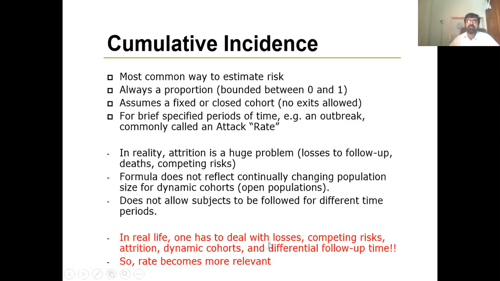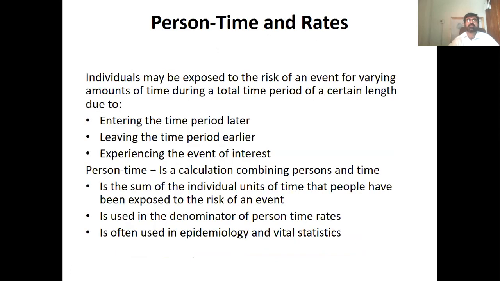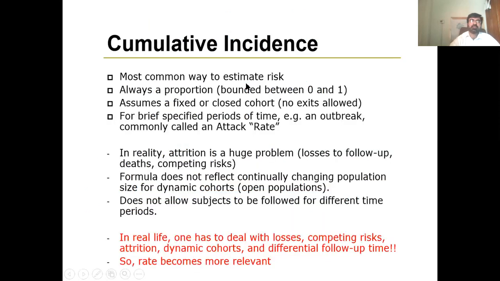In real life, one has to deal with losses, attrition, competing risk, and dynamic cohorts. Losses may be due to death. Attrition means leaving the study, and with different follow-up times, rate becomes more relevant. Rate may be more relevant than cumulative incidence.